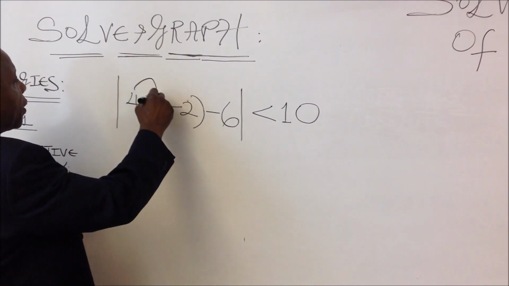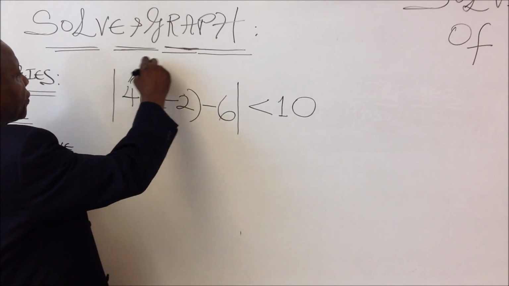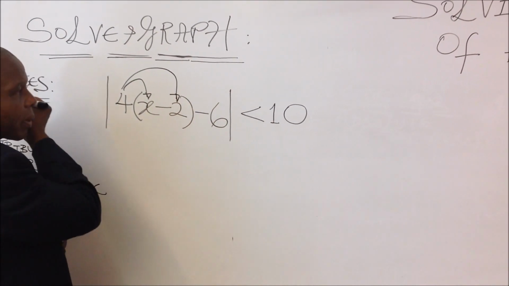Therefore, we have 4 times X and then 4 times negative 2.